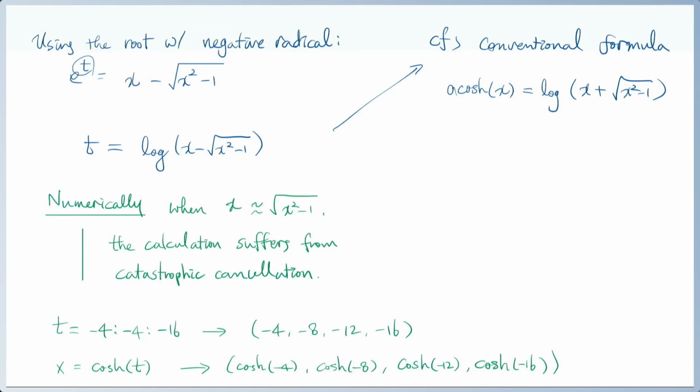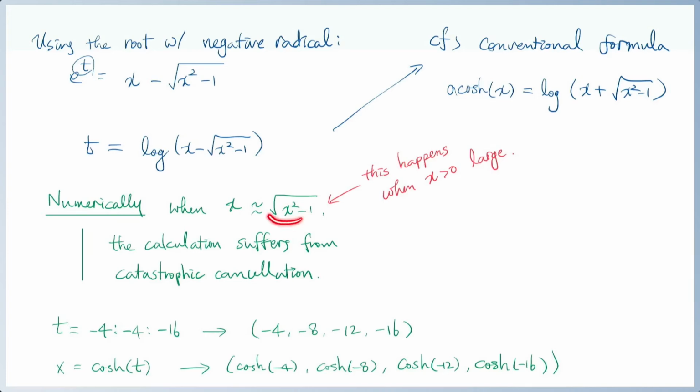Okay, and when x is large, x and square root of x squared minus 1 are no different. I'm just pointing out that this happens when x is large, because if x is large, x squared is really large, and subtracting 1 doesn't matter too much.